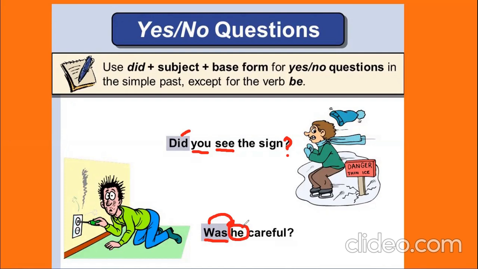First, second, or third person? Third person. Okay, so for that reason, I'm using was because it's a third person. So, for example, you, we, and they, we use were. All right, let's continue.